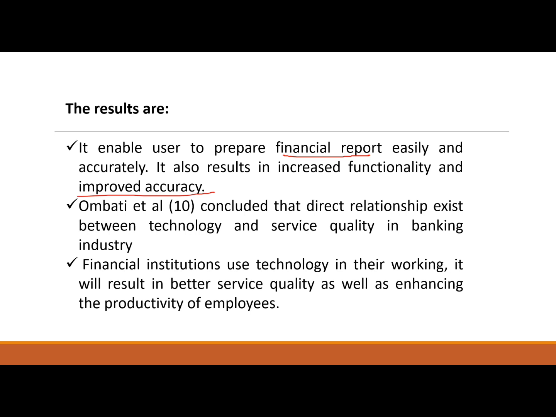So according to Ombati et al., they concluded that a direct relationship exists between technology and service quality in the banking industry. So there is a direct relationship between the technology and the service quality in the banking industry. Next, if financial institutions use technology in their working, it will result in better service quality as well as enhancing the productivity of employees.